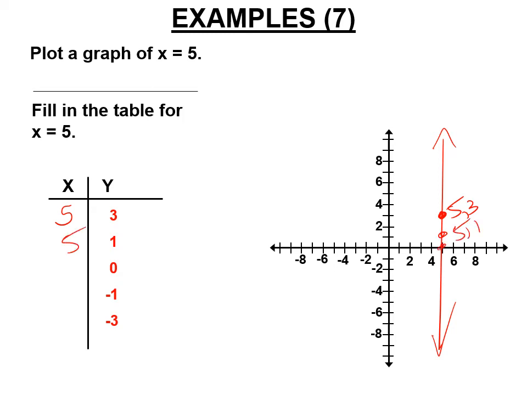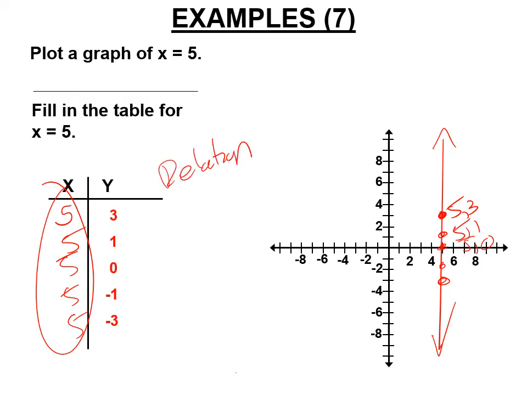When y is 0, what's x? 5. And so on, because x is always 5. So we put 5 in and we get all these different numbers. That's why this is a relation. Make sure you understand that when you see x equals, you're going to get a vertical line.